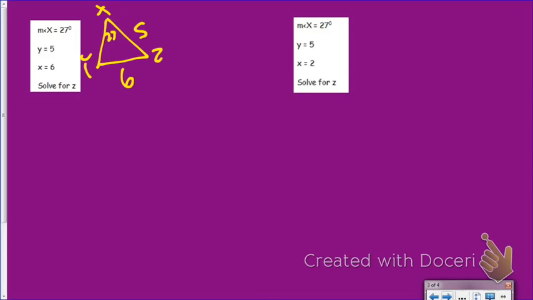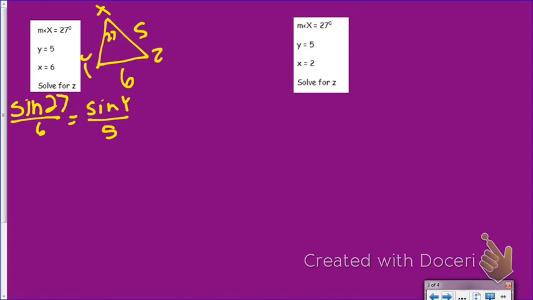It's telling me to solve for side z. But in order to solve for side z, I'm going to need to find angle z. And in order to find angle z, I'm going to have to set up the law of sines for the only angle across from a side, which is y. So I'm going to do the sine of 27 divided by 6 is equal to the sine of angle y divided by 5.